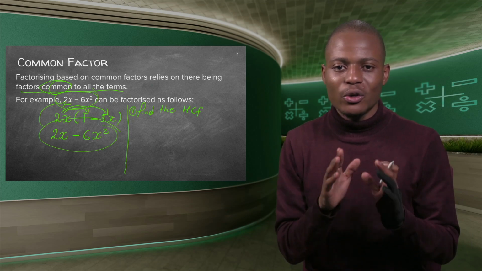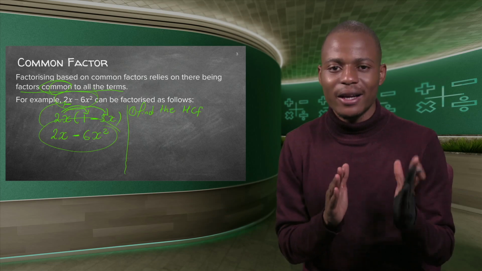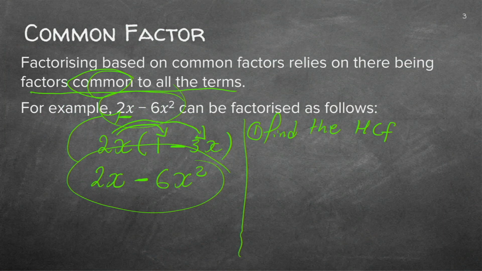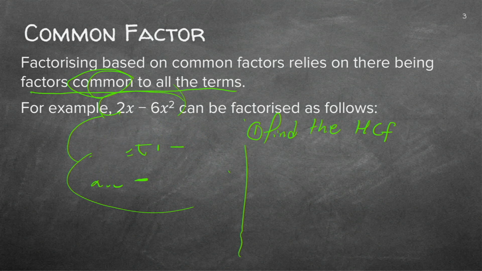Once you find that value, you write it outside. I found the highest common factor to be 2x. I did that because if I have 2x minus 6x to the power of 2, the highest number that can go into 2 and 6 at the same time is 2.